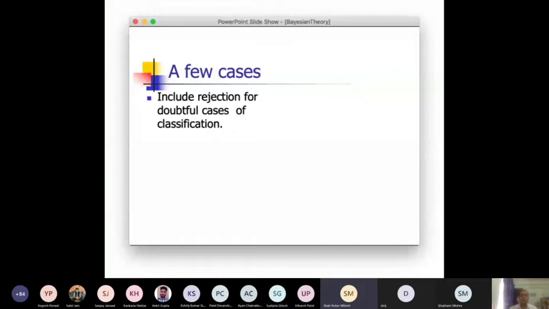So let us consider a generalized situation. In the previous case, when you are taking this Bayesian inference and choosing a decision, we considered that for the class I will be choosing that class whose posterior is maximum out of all the classes.